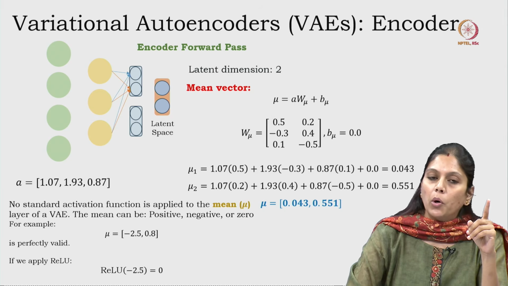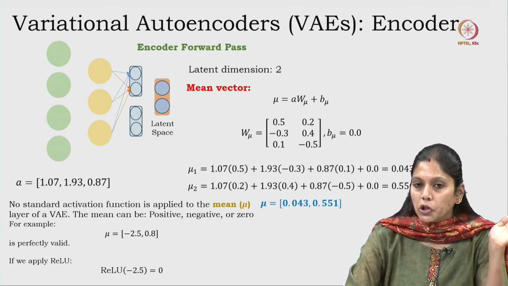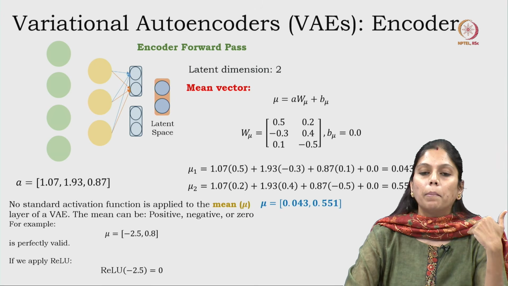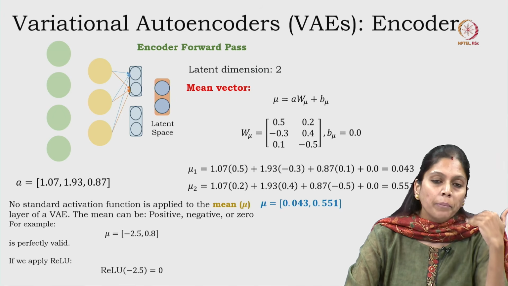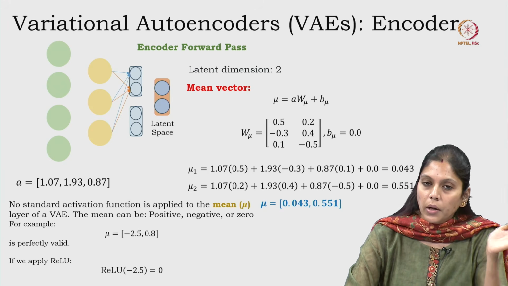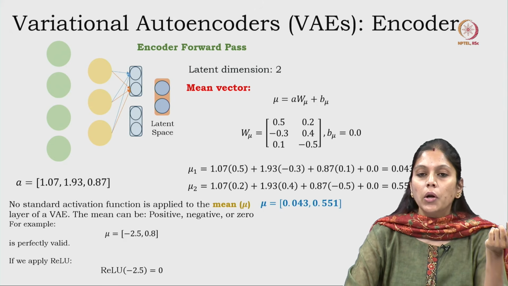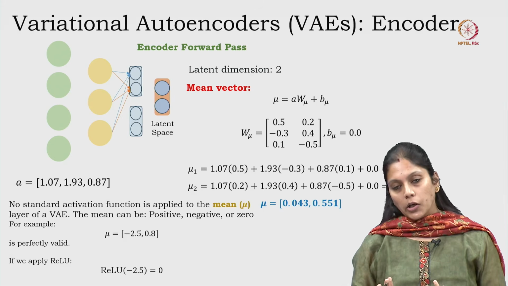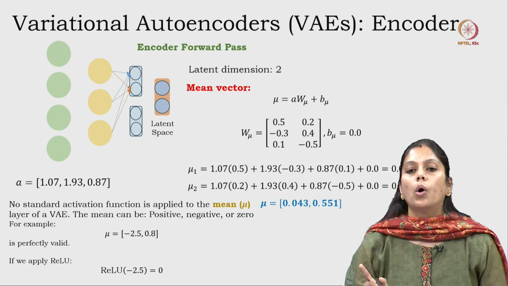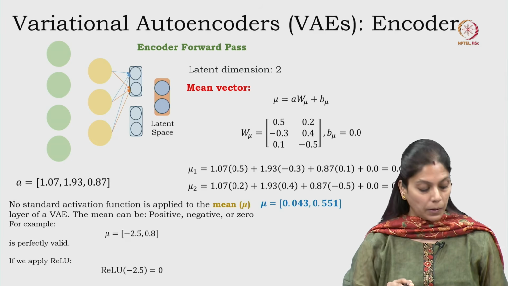The only important point that you need to remember here is we will not be applying any activation function. The reason why we don't apply an activation function here is that if the mean is negative, we don't want to reduce that value. The mean can be a negative value. By applying an activation function, we would be changing the negative value to positive. In order to avoid that, we are not applying any activation function here.